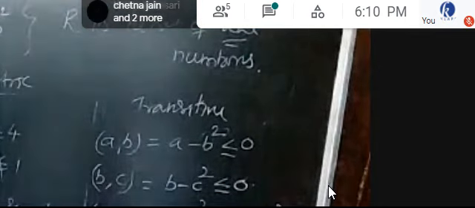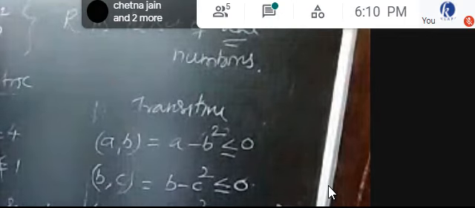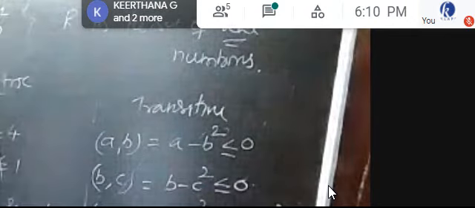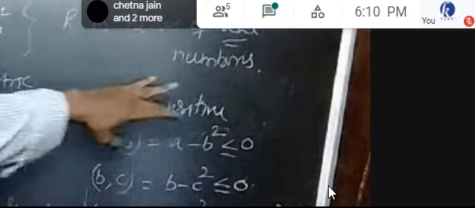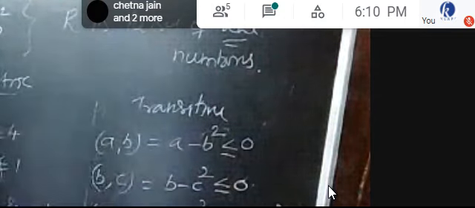Then coming to these two, 2, 1. 2 is not less than or equivalent to 1. It will not satisfy. So it is not transitive. In general, A comma B relation and B comma C relation; now I'm taking A comma C. We want to prove it is not always negative.